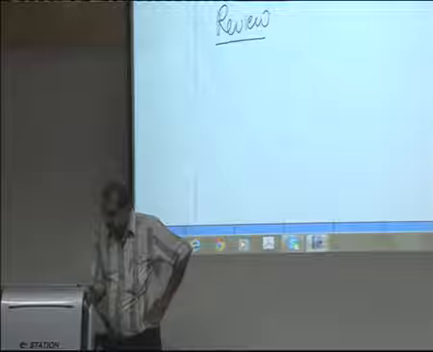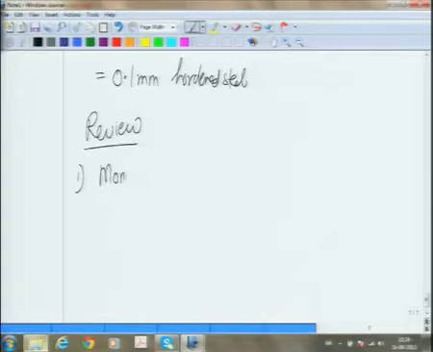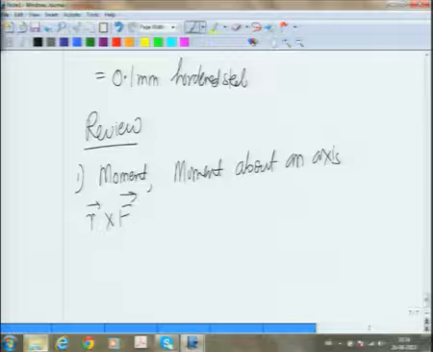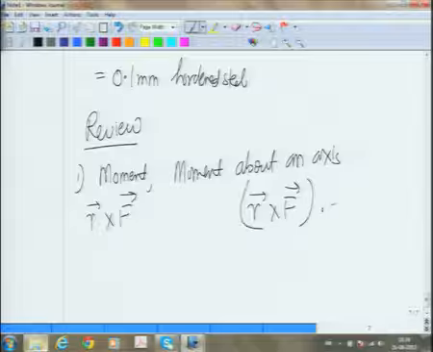So we started with the concept of moment of a force and moment about an axis. Moment of a force we defined as R cross F, and moment about an axis as R cross F dotted with d.